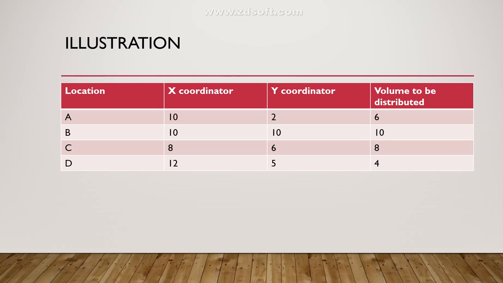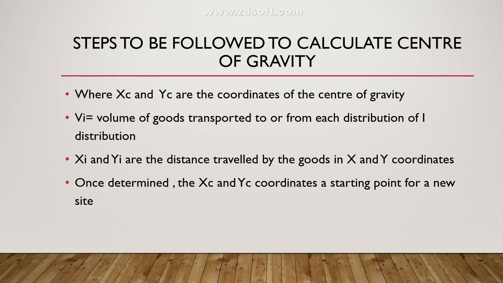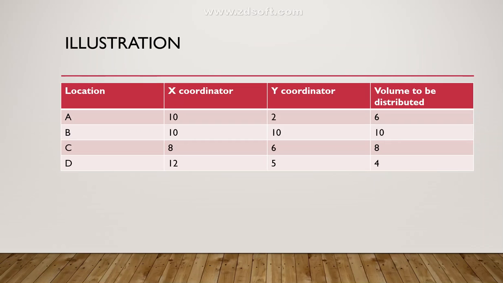The volume to be distributed is 6, 10, 8, 4 respectively to the respective locations. So now we understand what is what. This is the travel distance with respect to location A. The x coordinate refers to the travel distance from the distribution location i.